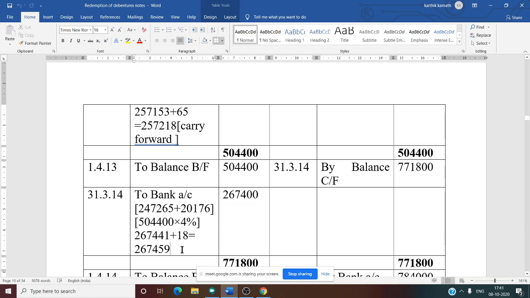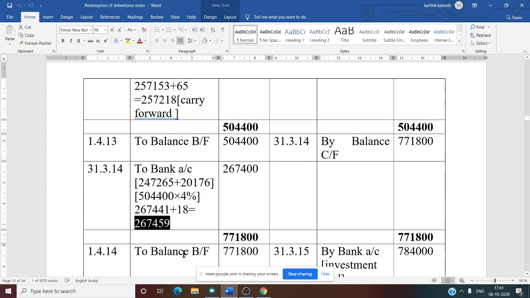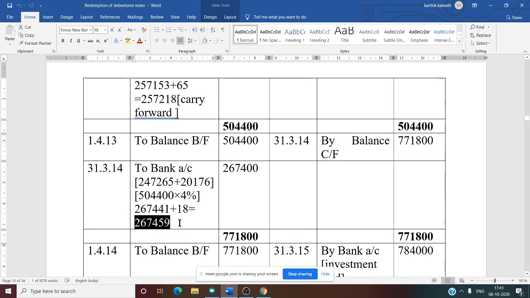So now the total amount after doing all the calculation is 2,67,459. So now again in the multiples of 100 only. So 59 we need to exclude and we need to write 2,67,400 itself. 59 goes to the next year.